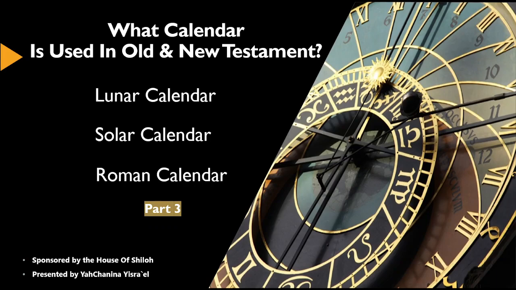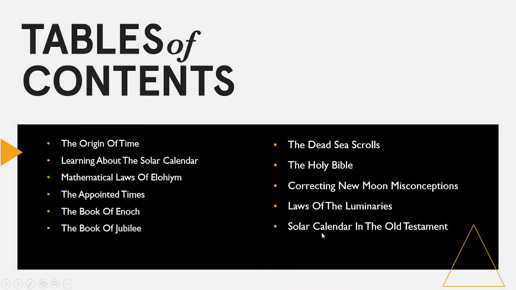We're going to continue today in our message in part 3. As we do a slight overview, in part 1 we talked about the origin of time, which we discovered was in Genesis chapter 1. We talked about the definition of a solar calendar, how the mathematical laws of Elohim are static, they're not dynamic, which means when he gives a law and says this is the way the sun operates, this is the way the moon operates, that law does not change.